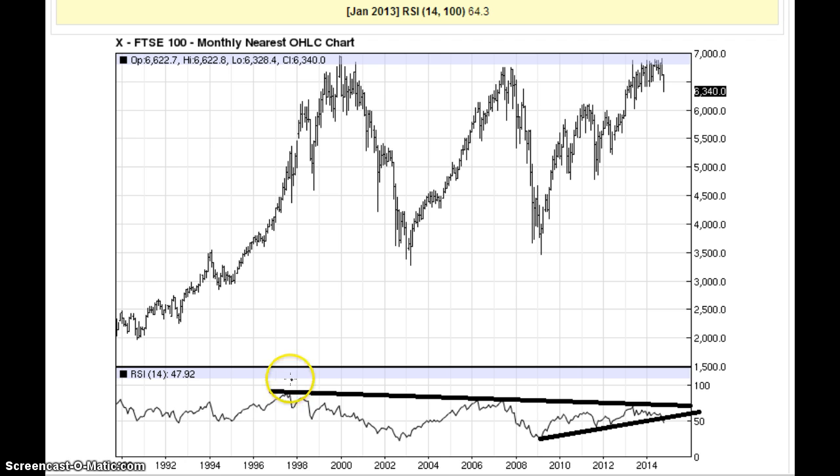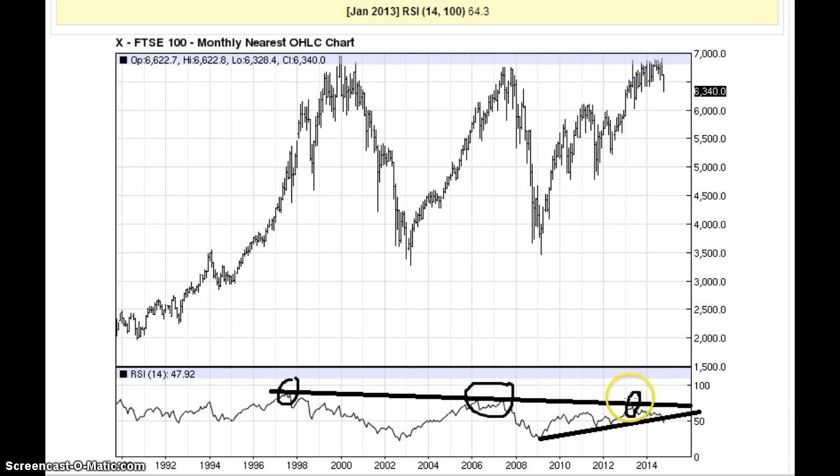We can see how it reached a peak here, and since then it's been descending. It touched this resistance line in the highs of 2007, and touched that resistance line again earlier in the year.